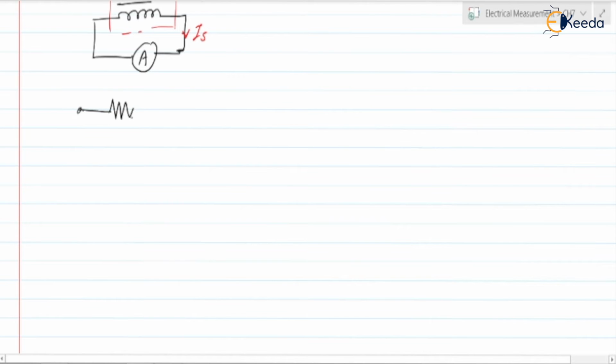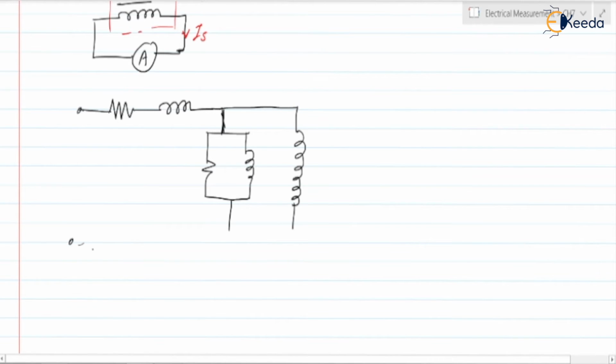At the primary side we have a resistance, reactance, magnetizing reactance, and the core loss component. So this is the primary voltage VP.